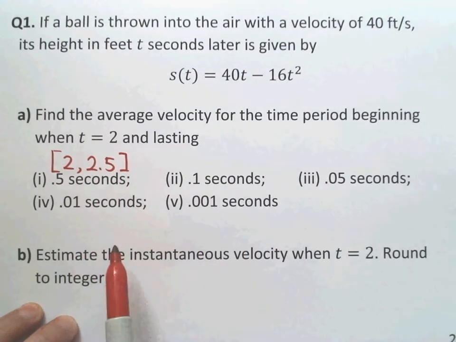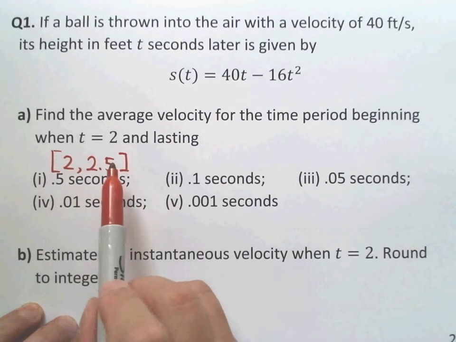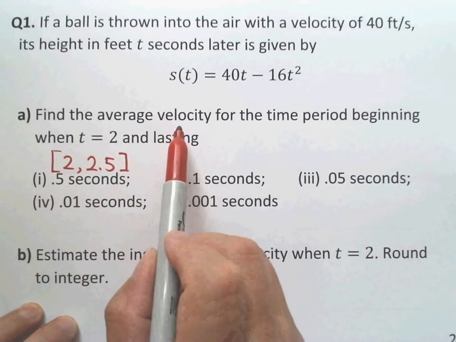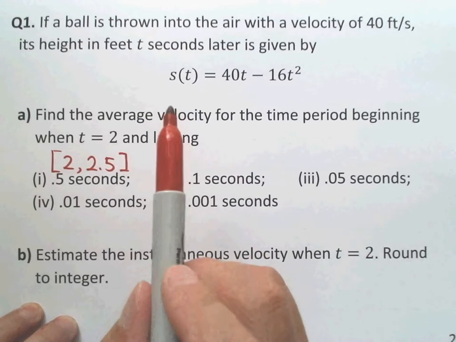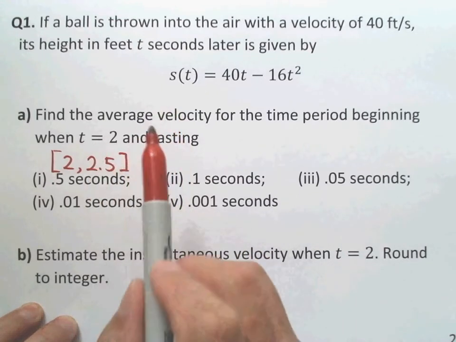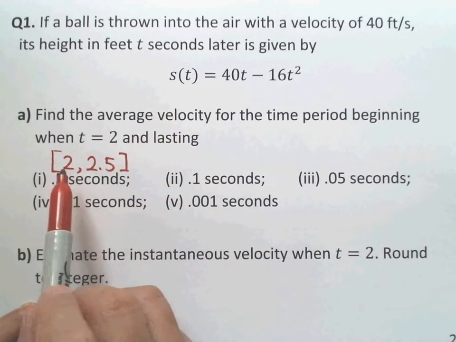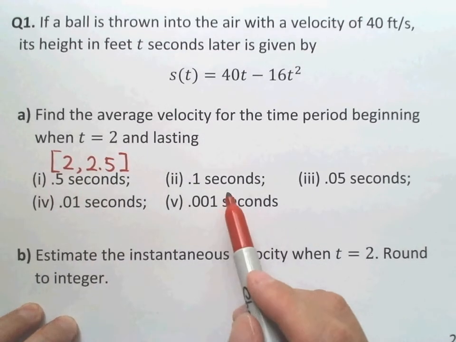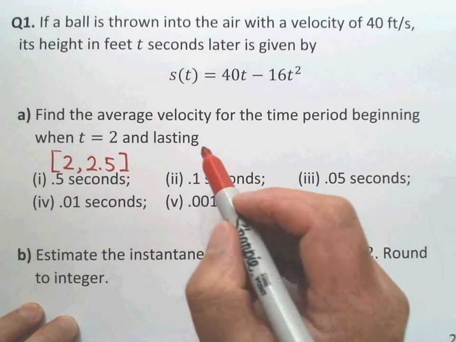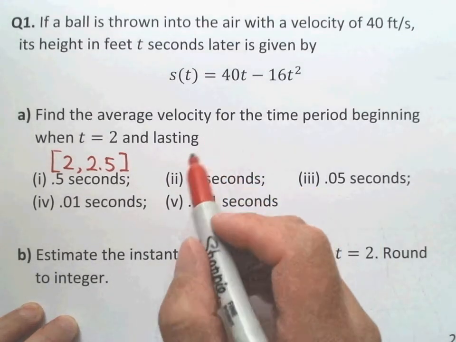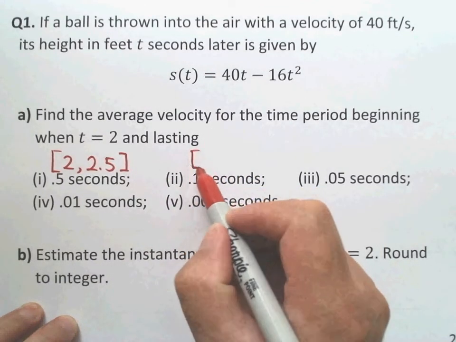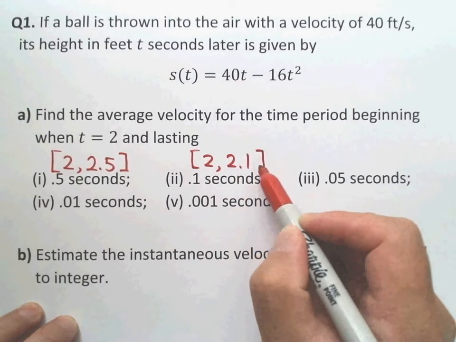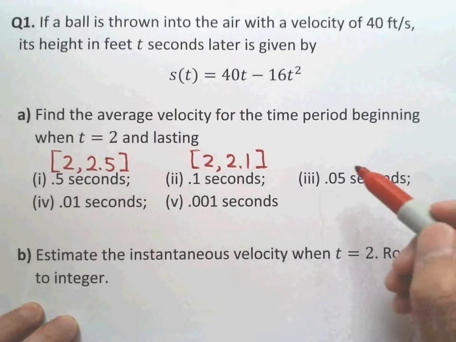And we can definitely find the average velocity using the change in distance over the change in time. If the time lasts 0.1, the average velocity we need to find is between 2 and 2.1, since 2 plus 0.1 is 2.1.